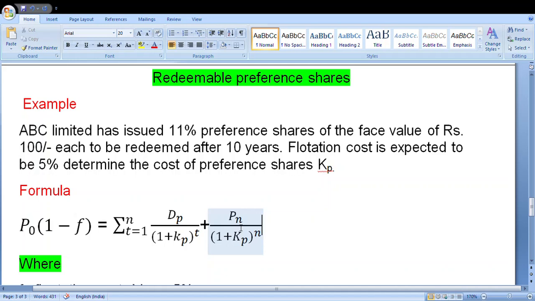And of course we have to consider the time value of money, as the dividend is being paid continuously for 10 years, and this principal will be paid after 10 years, I mean in the 10th year. So this formula contains two parts. One is the dividend portion, one is the principal portion. Now let's see.